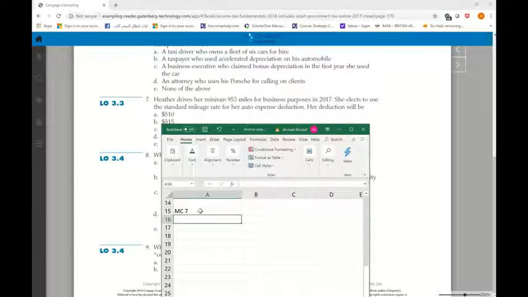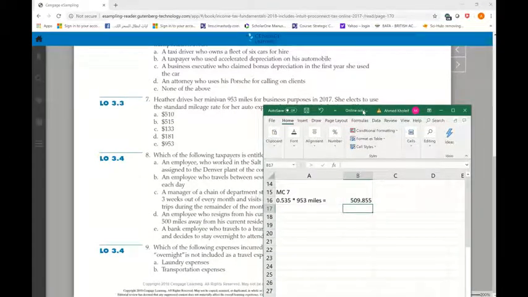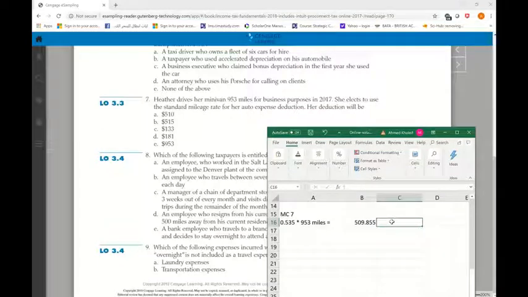So the rate is 0.535 multiplied by 953 miles for business. Okay, so we'll get now the deduction, which is 509.8, roughly rounded up to 510.